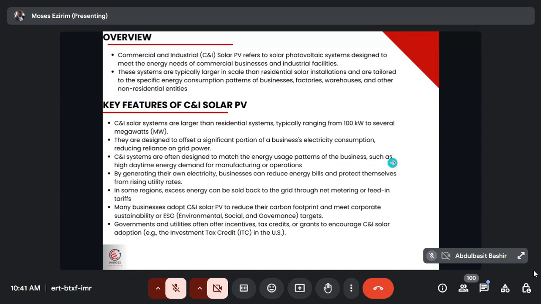So now many businesses adapt C&I solar PV to reduce carbon footprint and meet corporate sustainability goals. I want to use Africa as a case study. Back in 2012 or 2015, we didn't have what we call C&I in Africa.